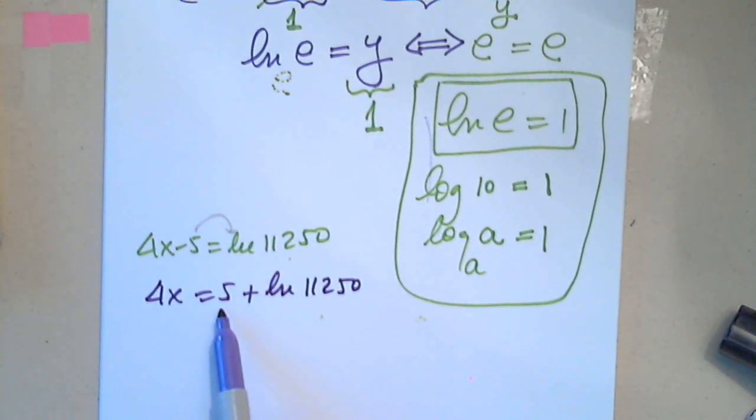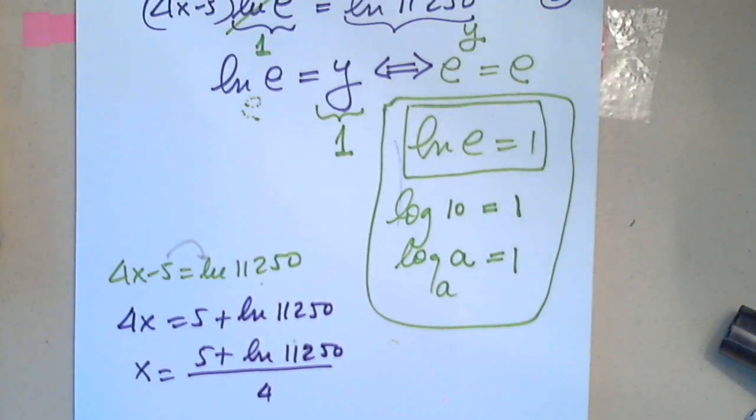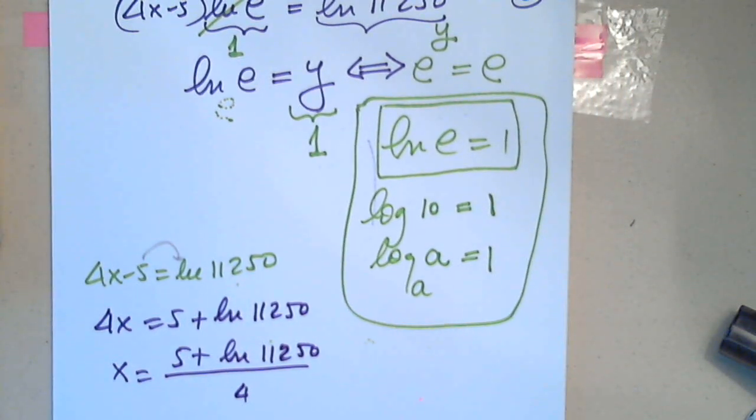And final step, I can write one fraction line, it's okay in this case, and divide by 4. Yes, we can approximate if you would like to check. Do we want to approximate and check? Yes.